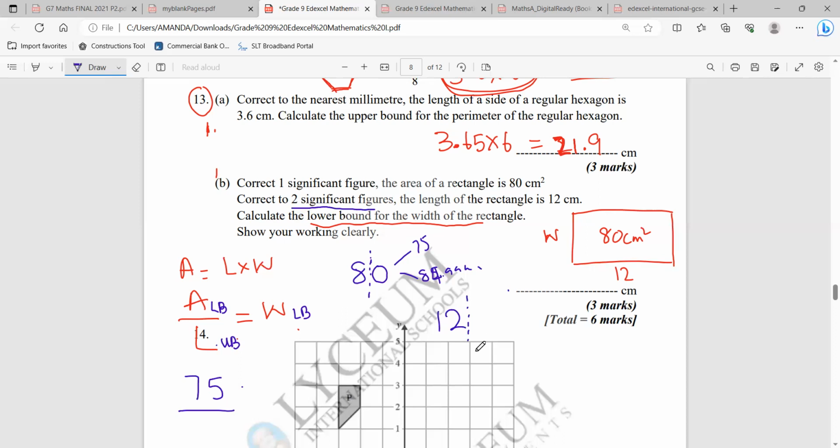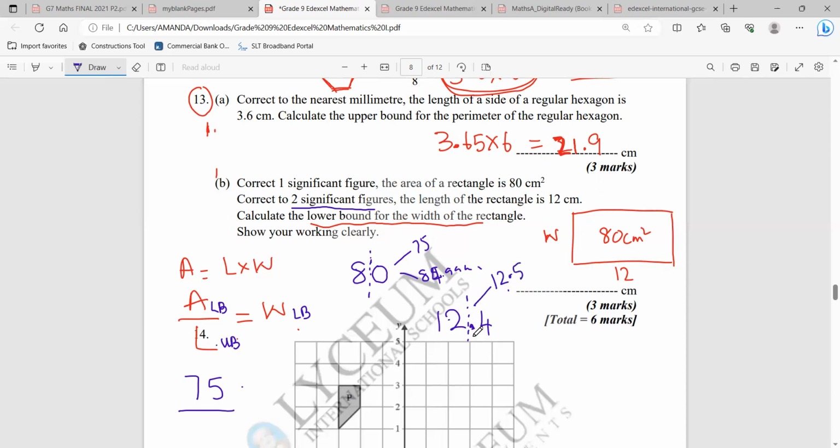It could have been 12 point what? 12.4999. If you put 4 here, when you cut from here, it's still 12. So the upper bound is 12.5.